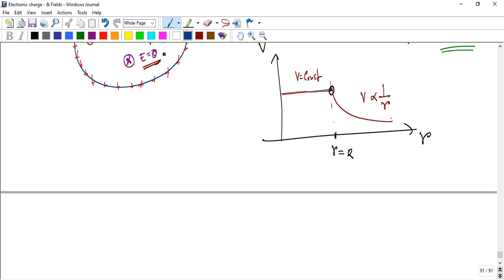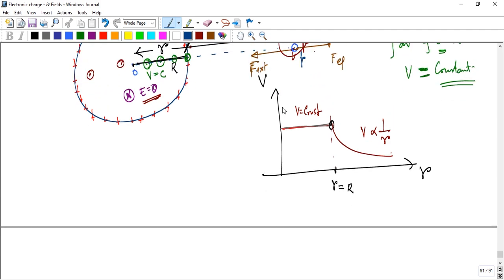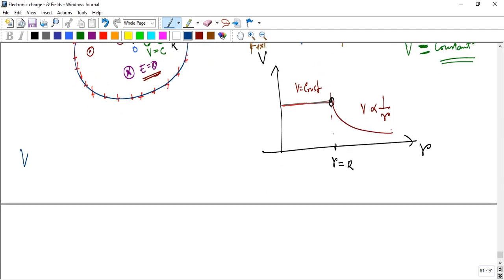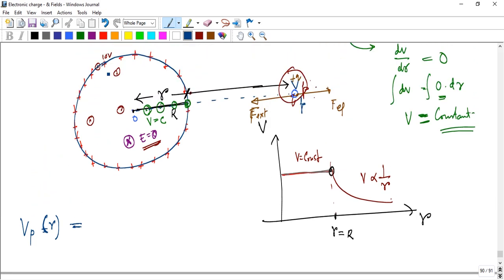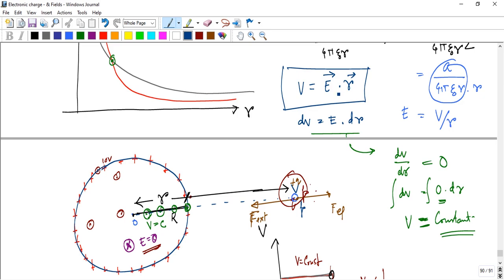Now we calculate the potential at point P as a function of R, against the electric field, from R to infinity. I know that potential equals the integral of E dot dr.